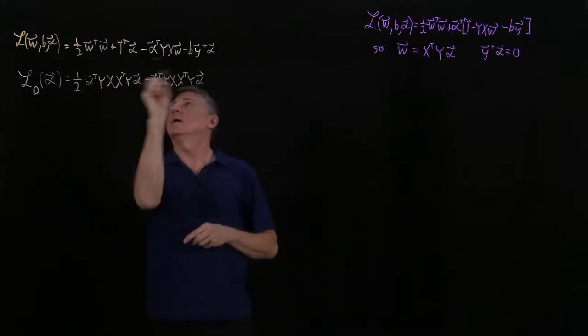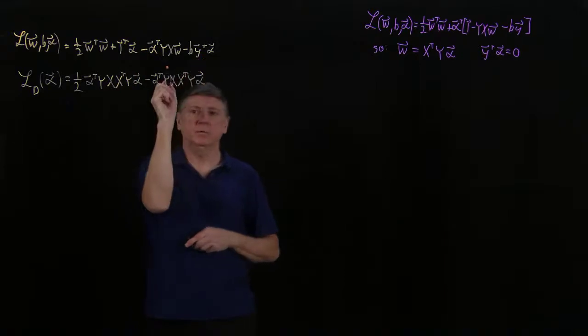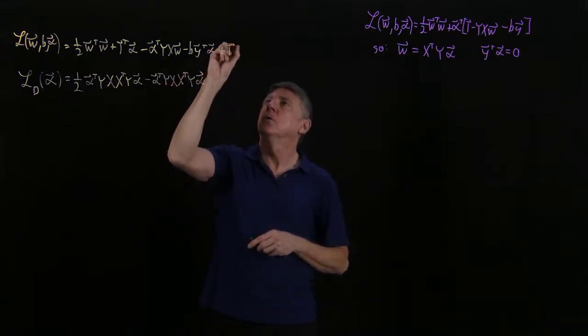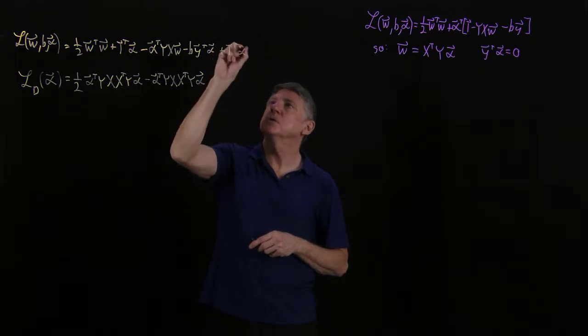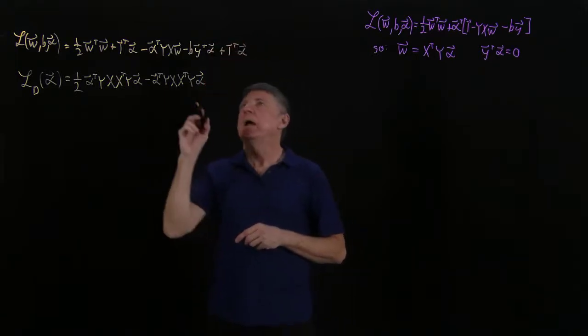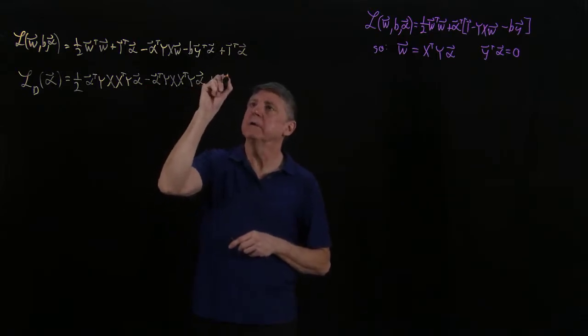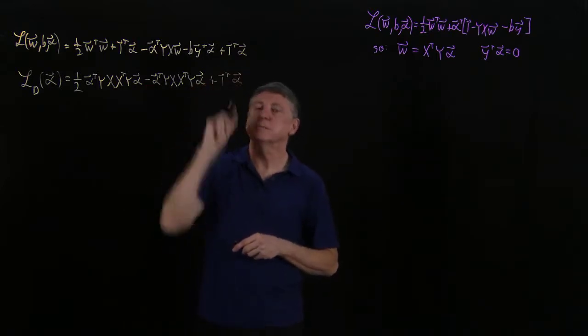Oh, and we're missing a term here, aren't we? We have to add our 1 transpose times alpha, and then here we now add our 1 transpose times alpha. There.